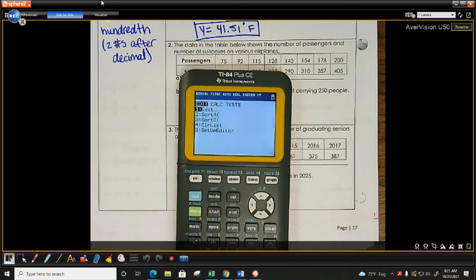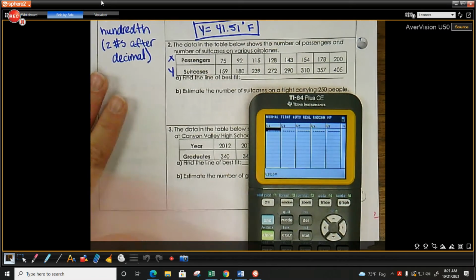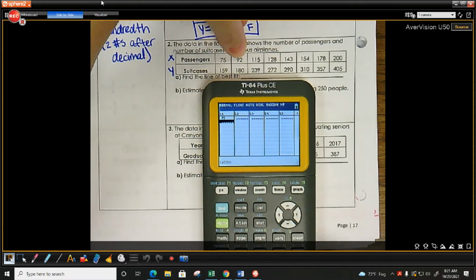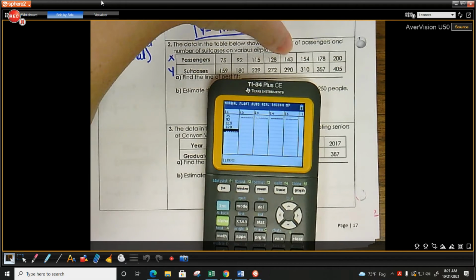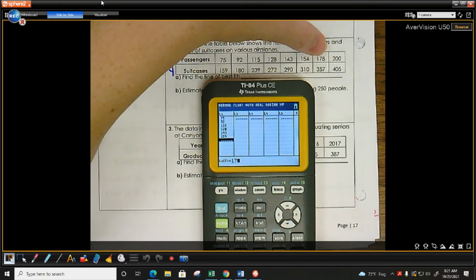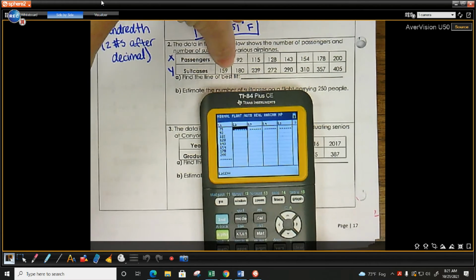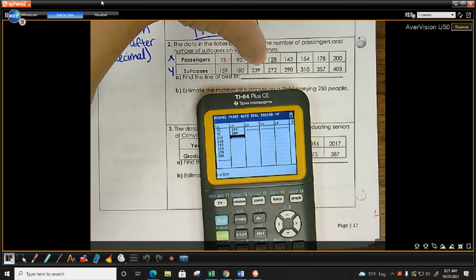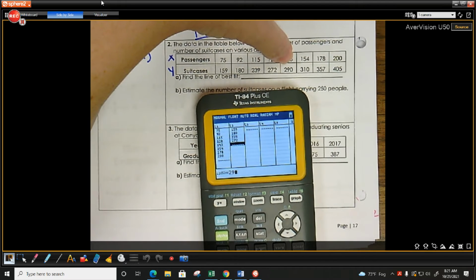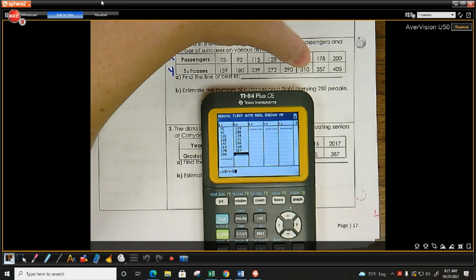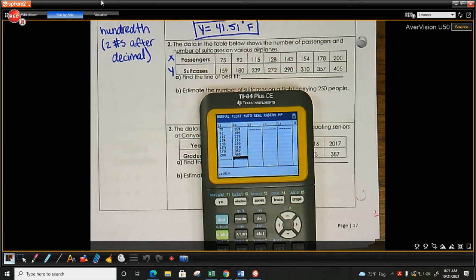Go to Stat, hit Enter. Passengers is my X, suitcases is my Y. Again, your 2 columns should line up.